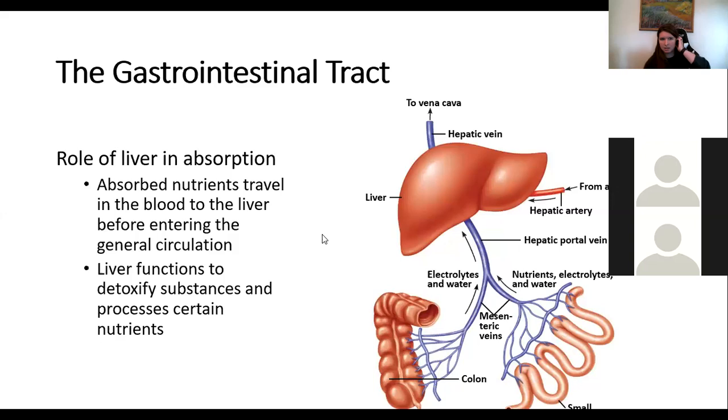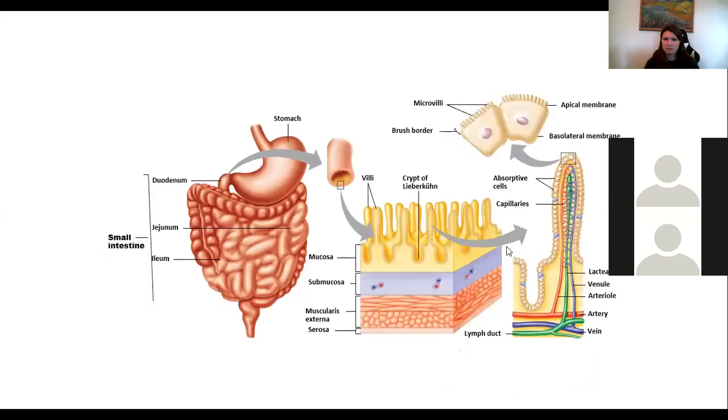Okay. The liver is also helping us with absorption. So after stuff gets absorbed in the small intestine, right, it's getting absorbed into your bloodstream. So nutrients are getting absorbed into this arteriole and this venule, right?